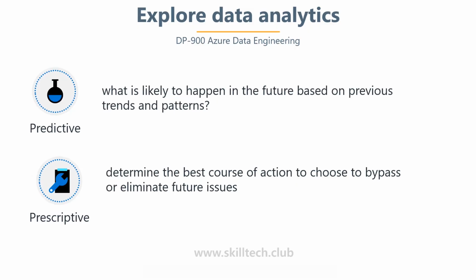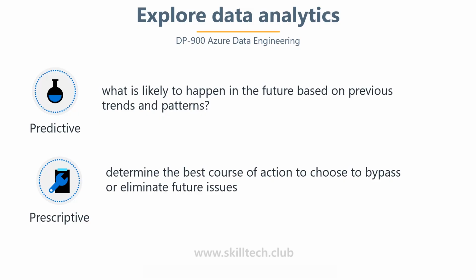Then we have predictive analytics, which is all about predicting the future. What is likely to happen in the future based on the previous trends and patterns which you have seen in the previous analytics. And then once predictive analytics is done, you have prescriptive analytics, which determines the best course of action to choose to bypass or eliminate future issues.